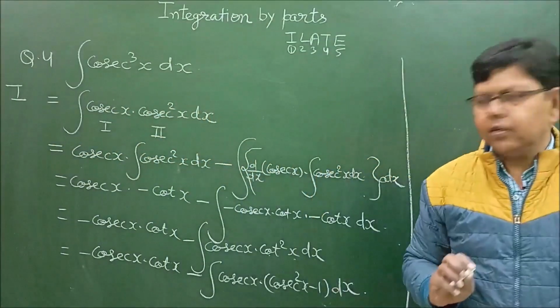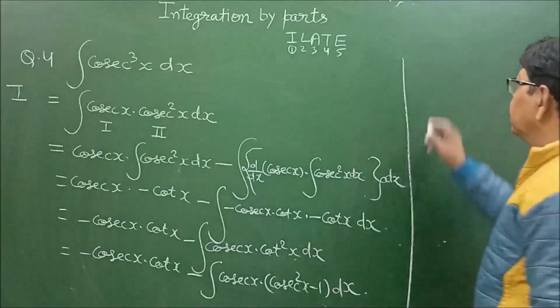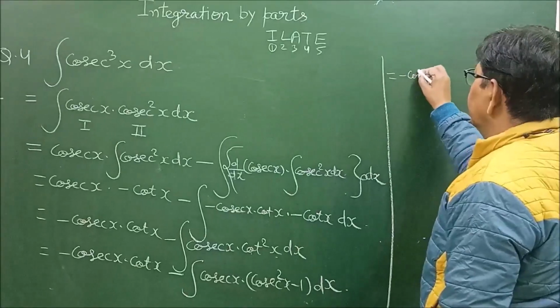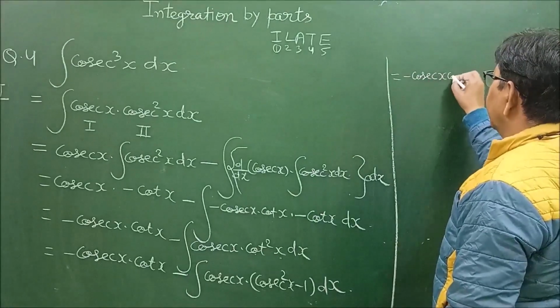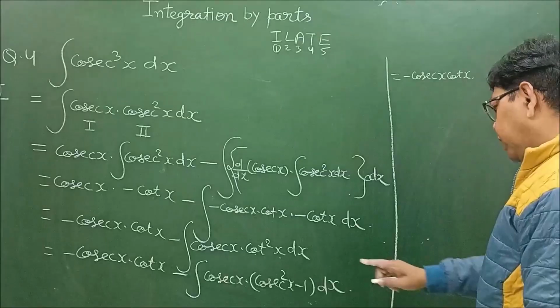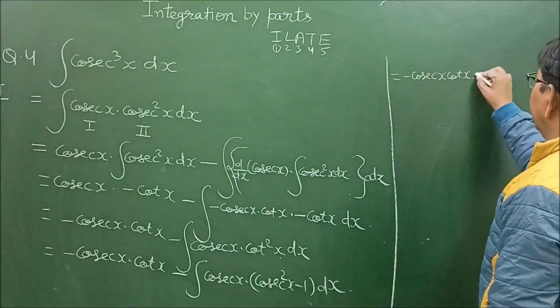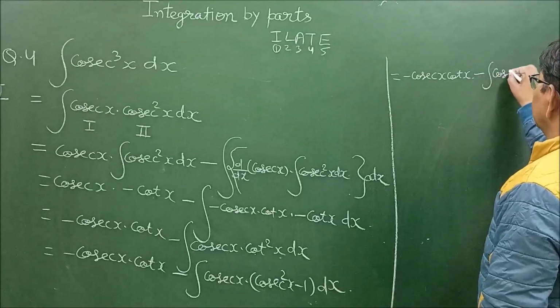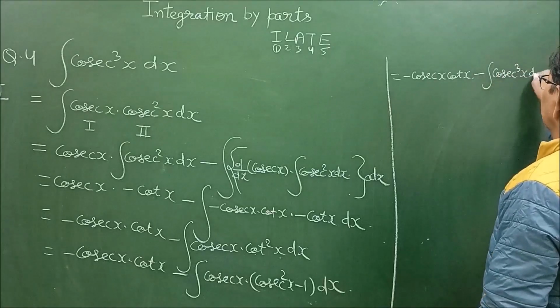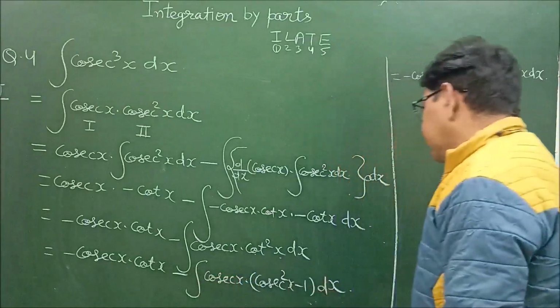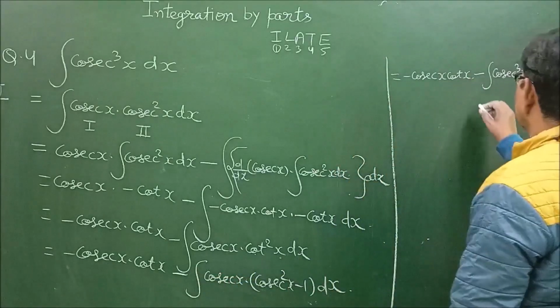Solving it further, this I is equal to minus cosec x cot x, minus integration of cosec cube x dx, and this minus and minus is plus integration of cosec x dx.